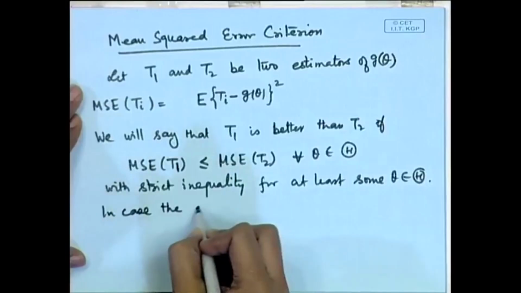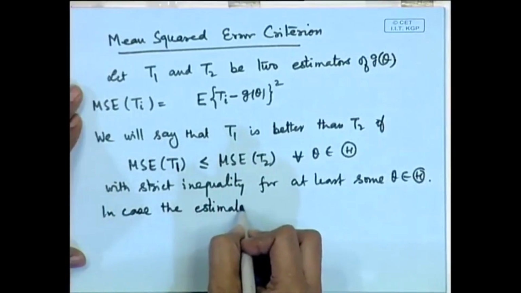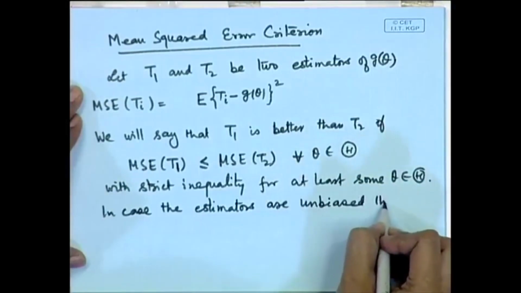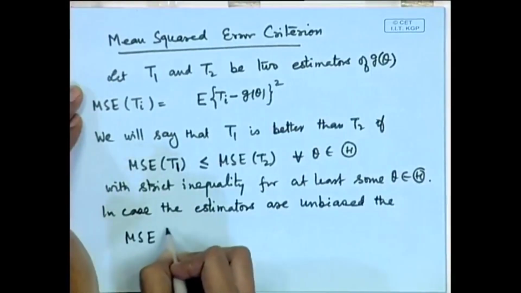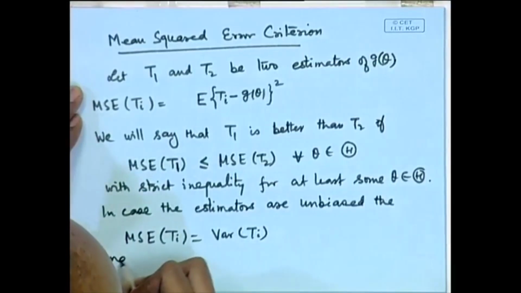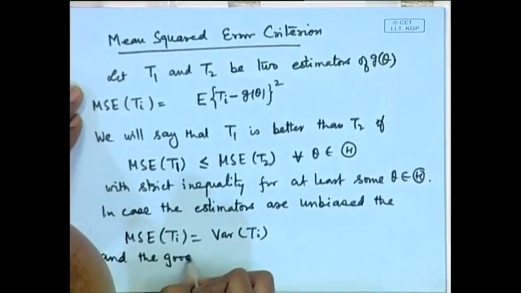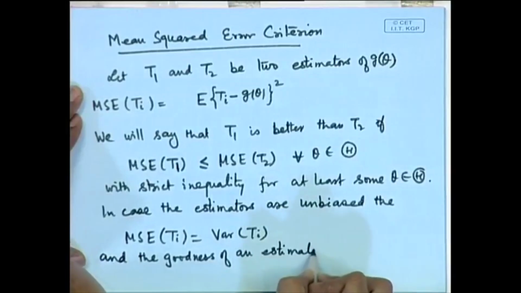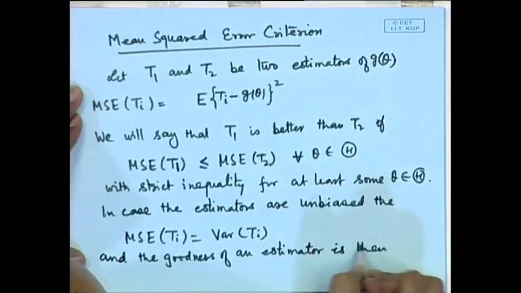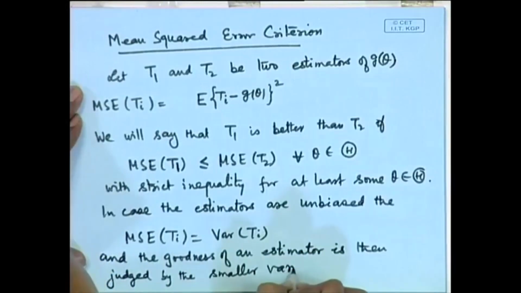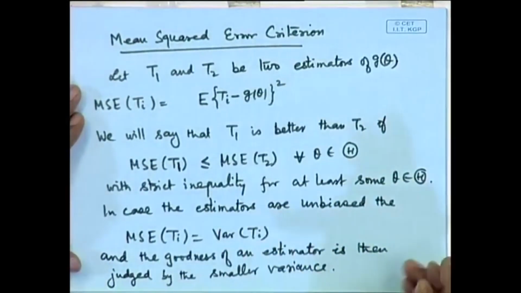In case the estimators are unbiased, the mean squared error of Ti simply becomes the variance of Ti, and the goodness of an estimator is then judged by the smaller variance. That is, the smaller the variance, the better the estimator.